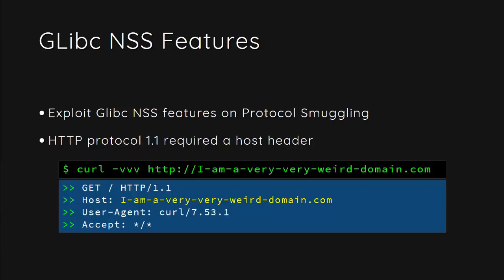And how to exploit NSS features for protocol smuggling? First, why does this work? This is because HTTP protocol 1.1 requires a Host header, and most libraries embed the hostname into the HTTP request. So the idea is, if we can inject newlines in the hostname, we have the ability to smuggle protocols in HTTP.